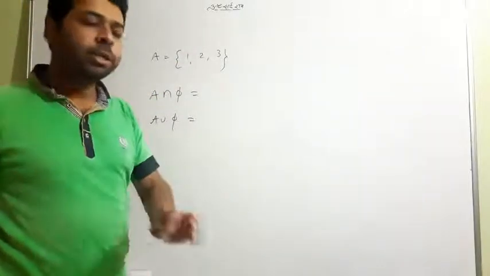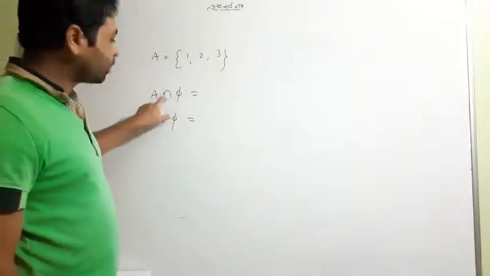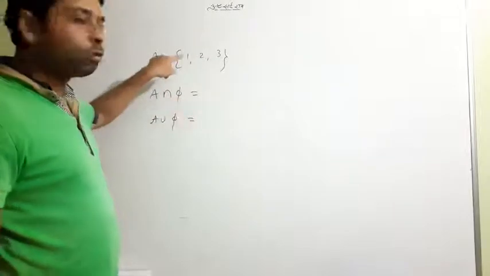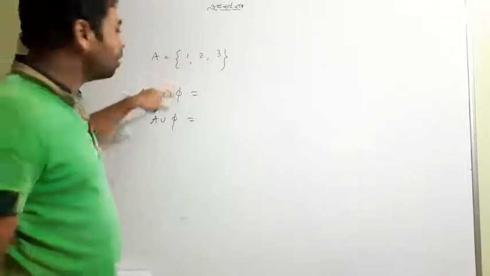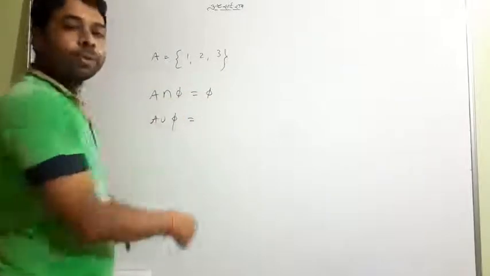So in a single sentence, A intersection phi: intersection always follows the common element. So phi is the common element because phi is a subset of every set. So in intersection, the small set will come, which is phi.